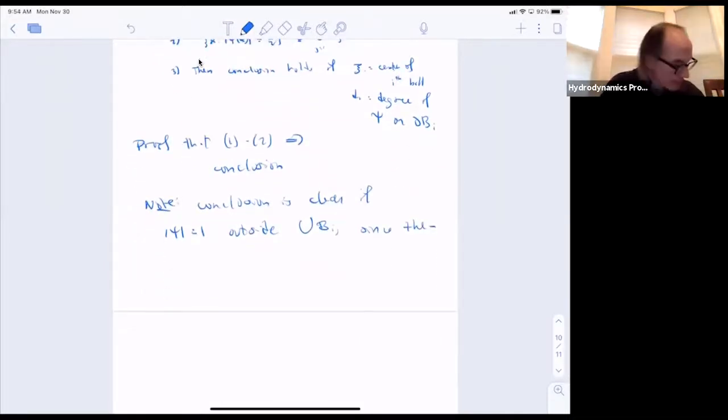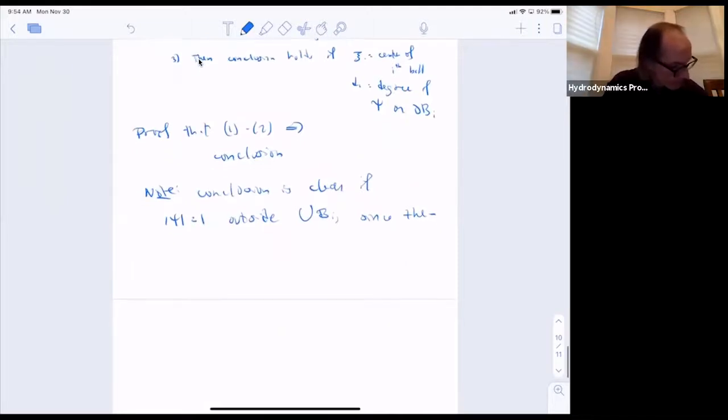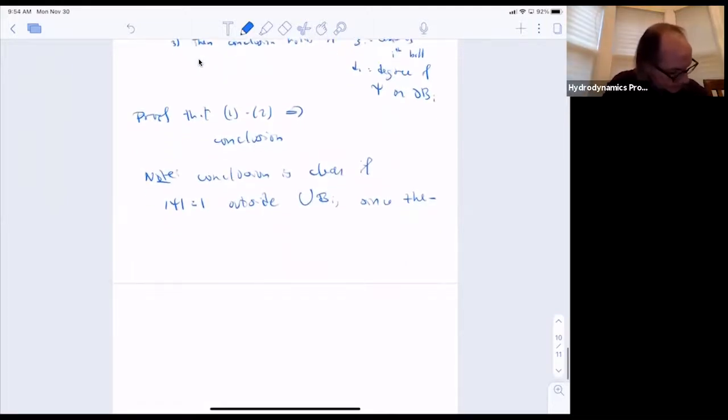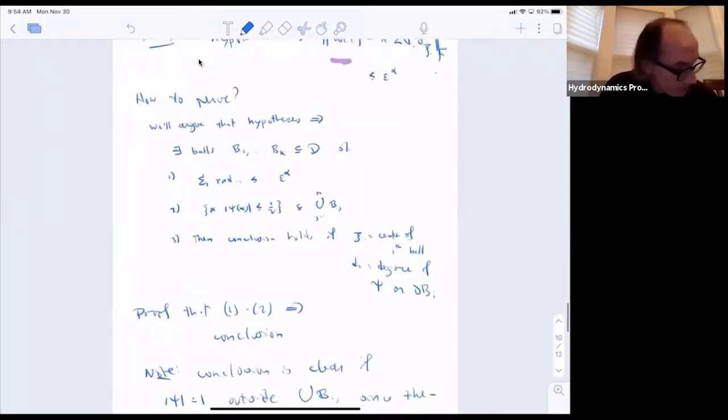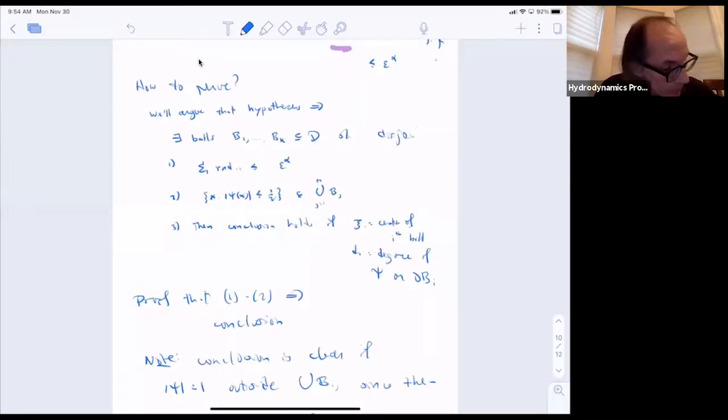What do I have to do? I have to multiply the vorticity against a test function and integrate over the remaining region. I should have said the balls are pairwise disjoint.